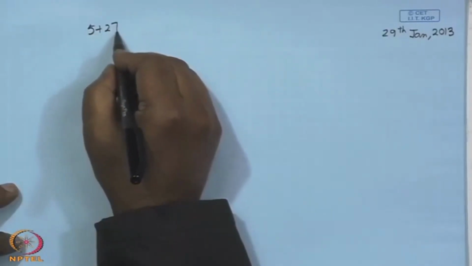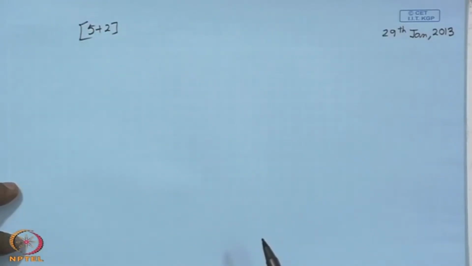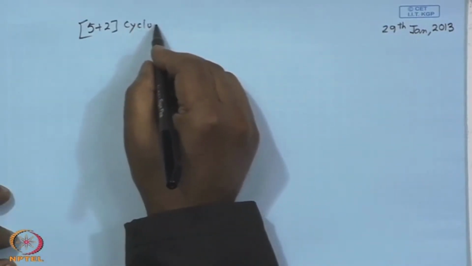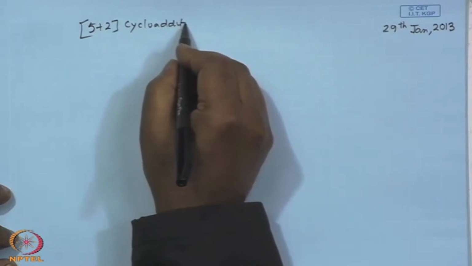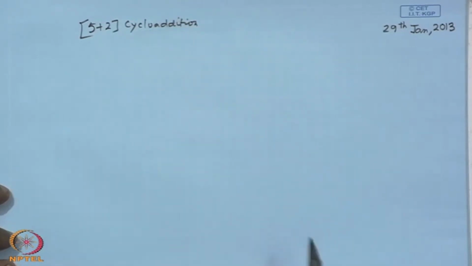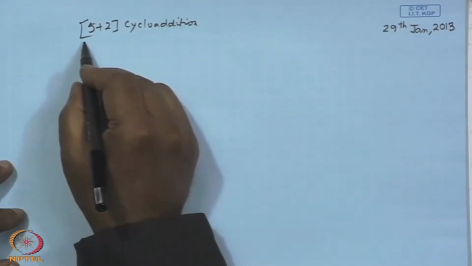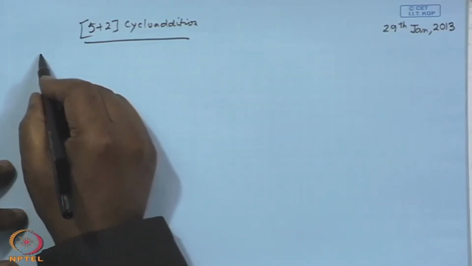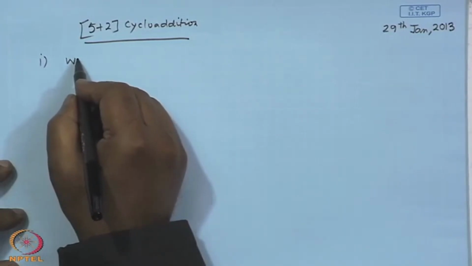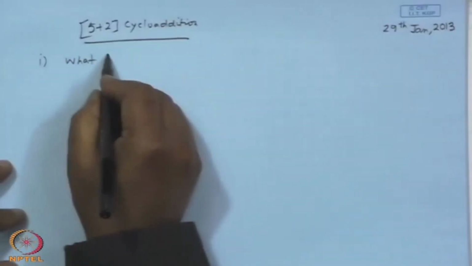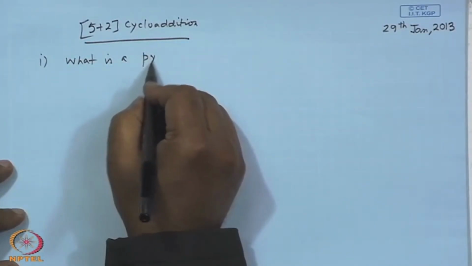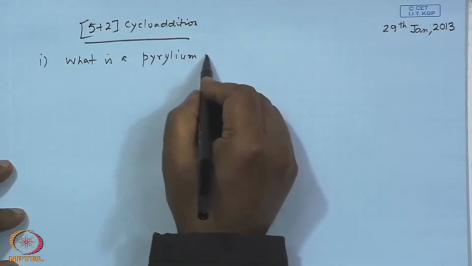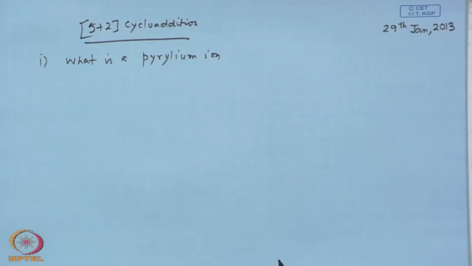5+2 cycloaddition reactions, we will discuss a new kind of aromatic ions. First, I will tell you, number one, what is a pyrylium ion. I do not know whether you have heard of this name before, pyrylium ion.